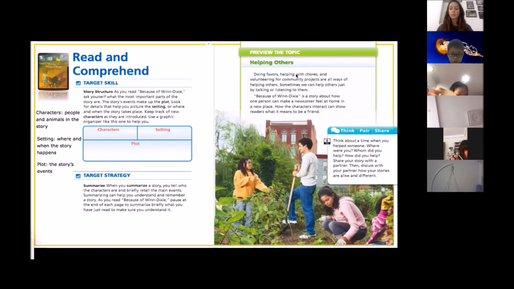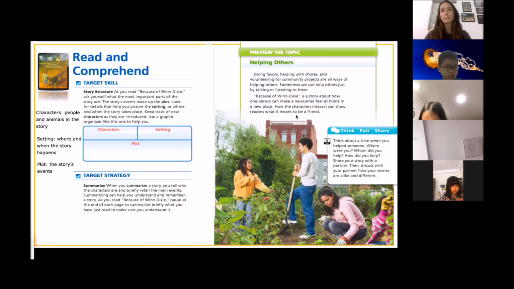This can include the beginning, the middle, and the end, but also when new characters are introduced in a story. Normally we have characters introduced at the beginning, but sometimes we can have new characters introduced in the middle and sometimes even in the end. Those are also important parts of the story that we want to make sure we take note of.